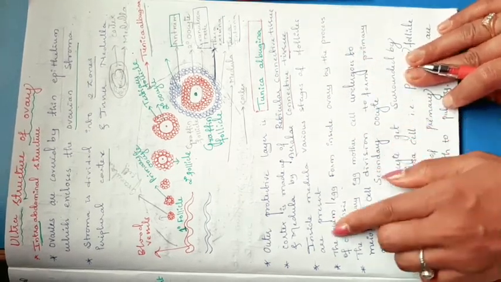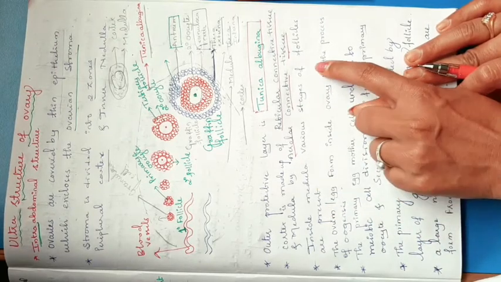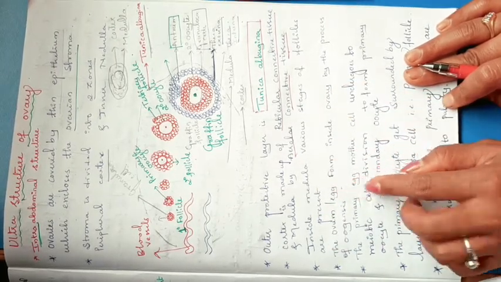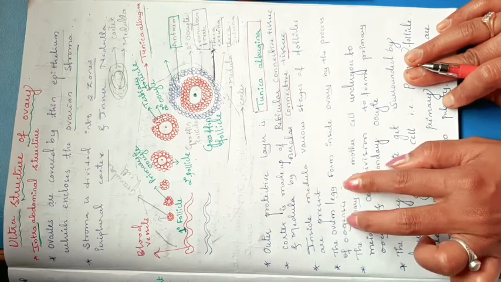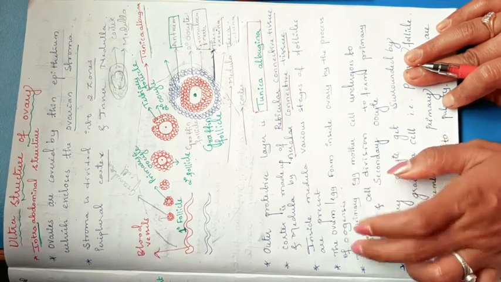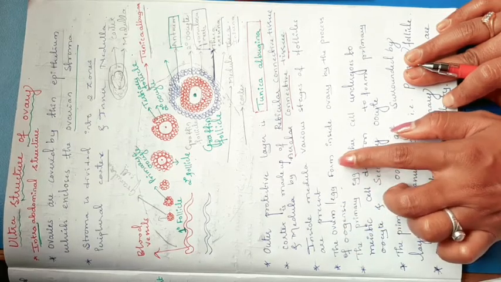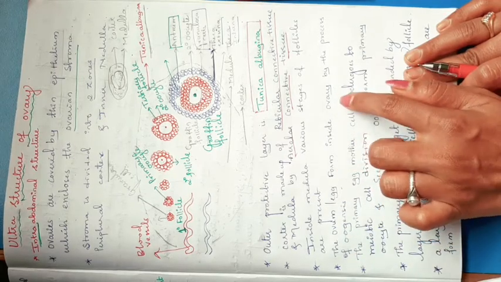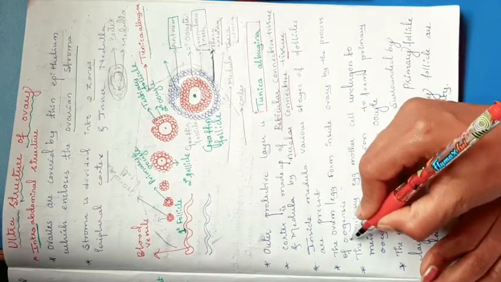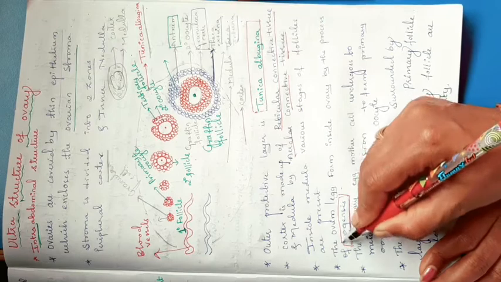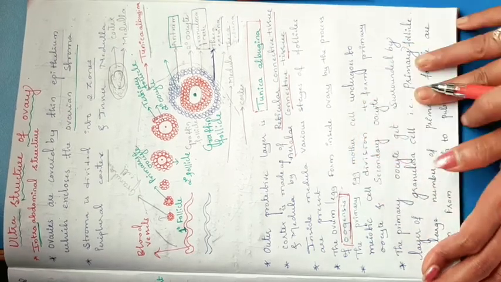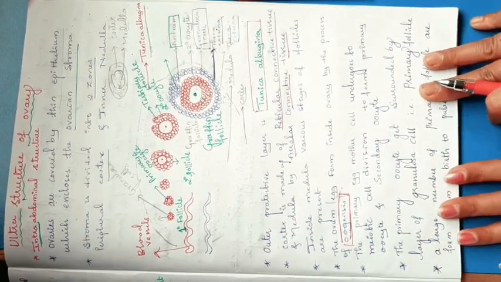Inside the medulla, various stages of follicles are present. You already know that. Then, the ovum or egg are the female gametes. The ovum forms inside the ovary by the process of oogenesis, which is a type of gametogenesis.